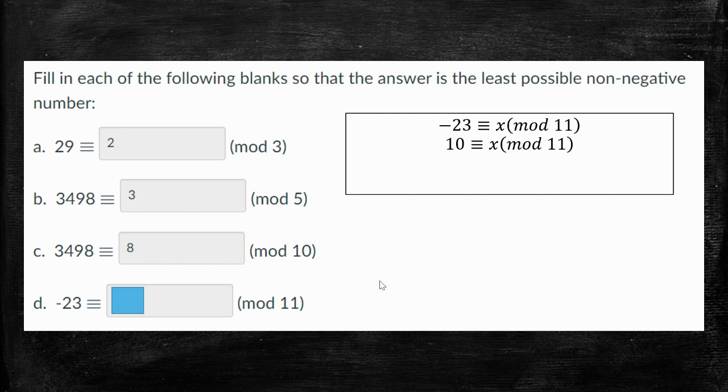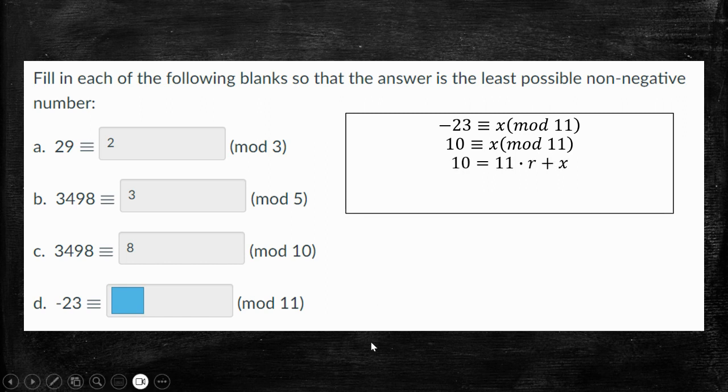So let me talk you through that. Negative 23 plus 11 would be negative 12. Negative 12 plus 11 is negative 1. And negative 1 plus 11 gets us to our positive value of 10. So now that we have this in terms of a positive, we can proceed in the same manner as before.